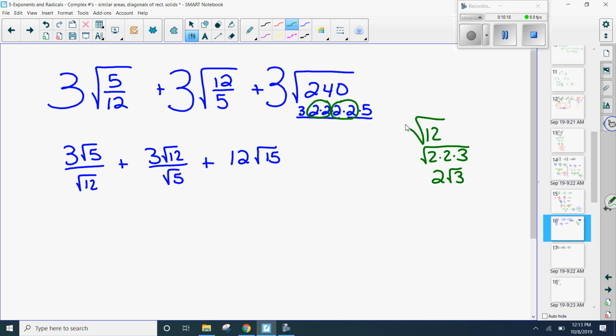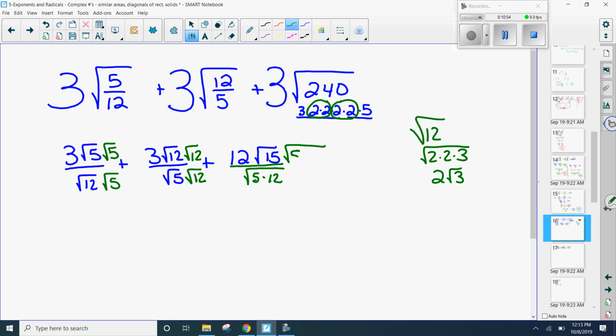I don't care. If you leave it as radical 12, you're going to multiply by the square root of 12. Now, this is where you get into that part. We could take it times this.